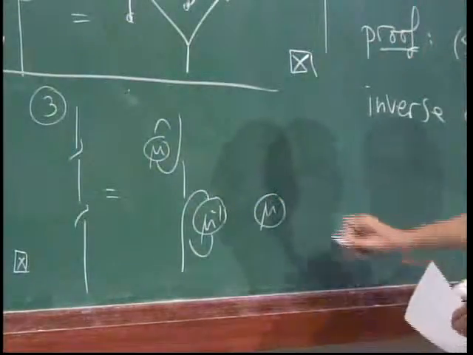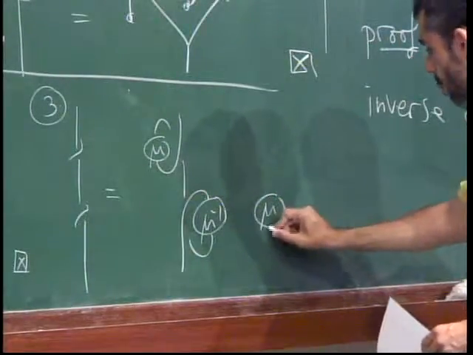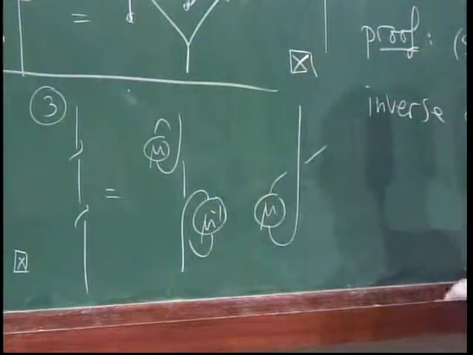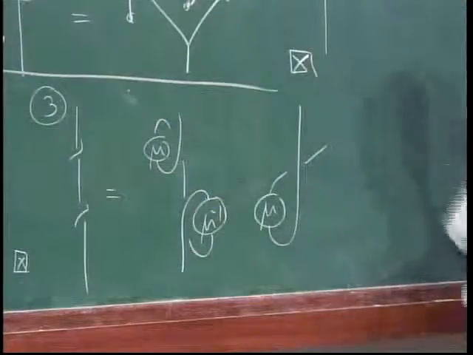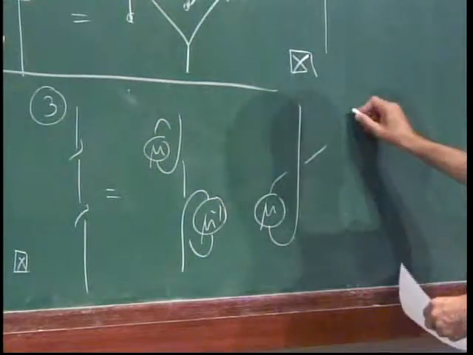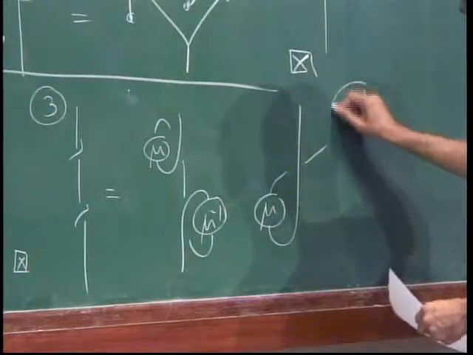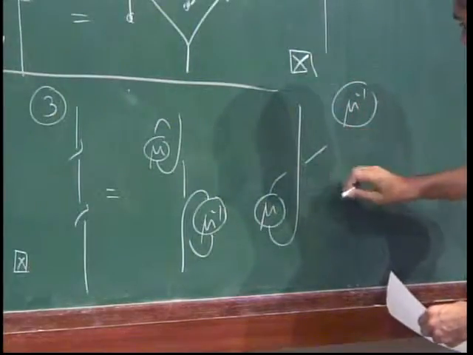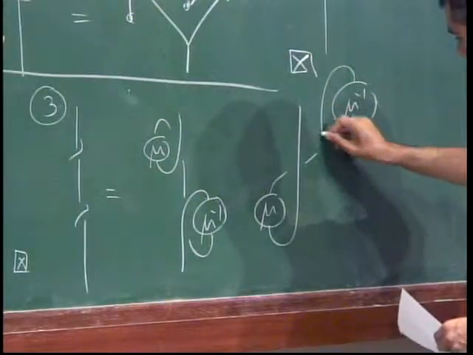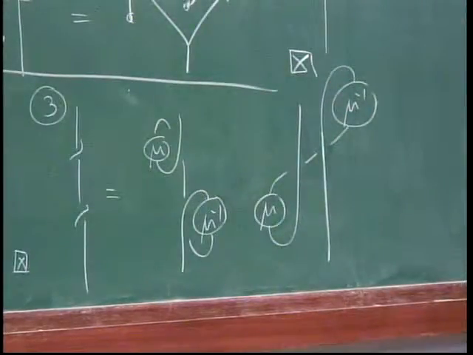Let's have this mu happen a little bit below, and then this mu inverse happen a little bit above, like that.